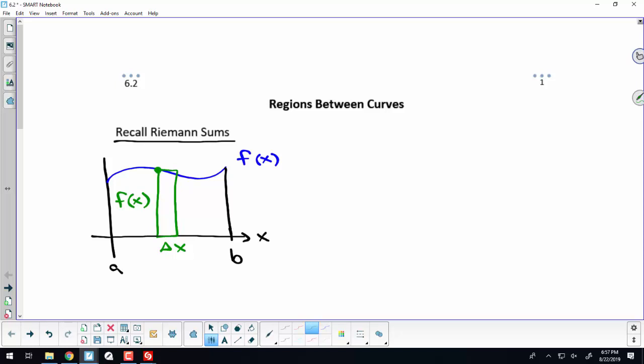There's some particular notation, but we'll say that this is x, so that height of the rectangle is f of x. And then we said, well, we want to add up, I think they call that k equals 1 to n. So we added up a finite number of those.